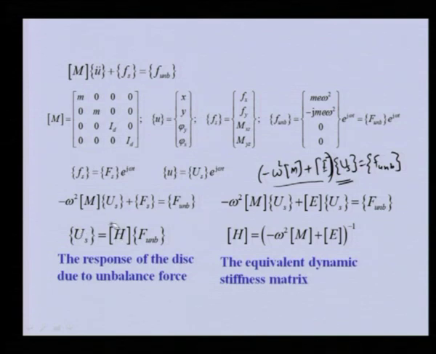Basically H is giving some kind of effective stiffness, an effective influence coefficient of the rotor, that means not only from the shaft but also from the bearing. So we can get the unbalanced response using this relationship.